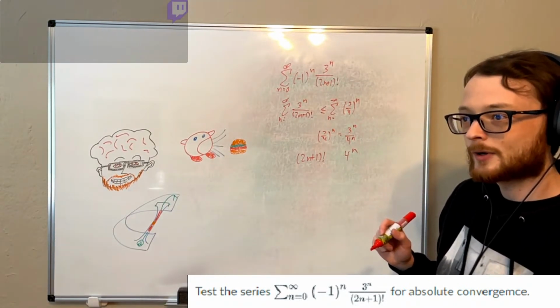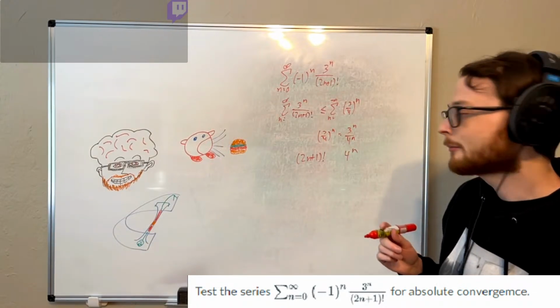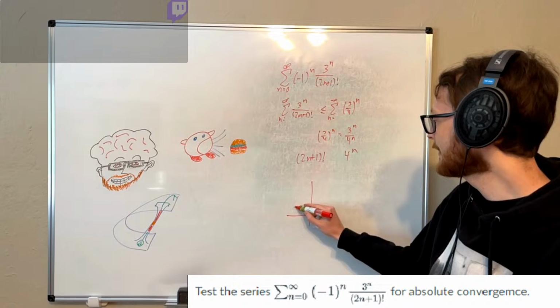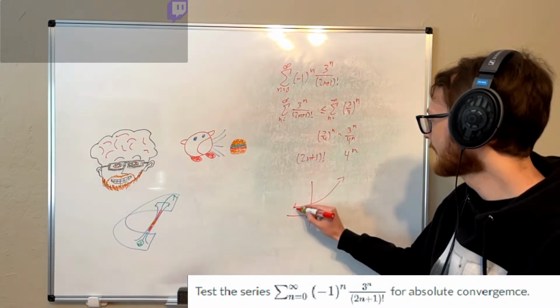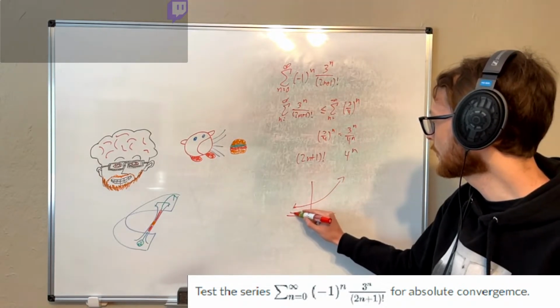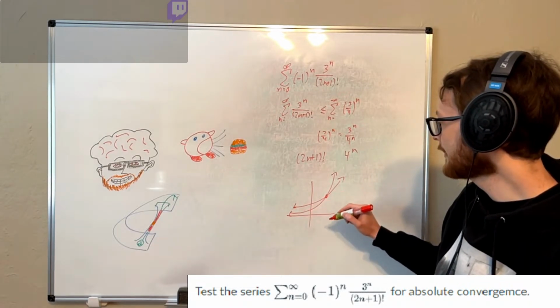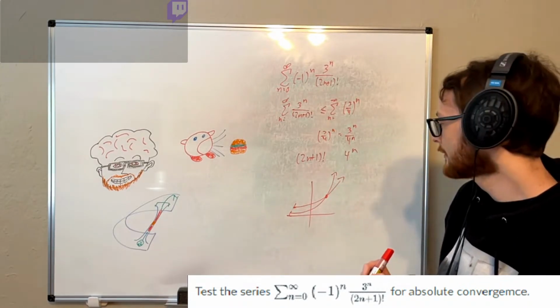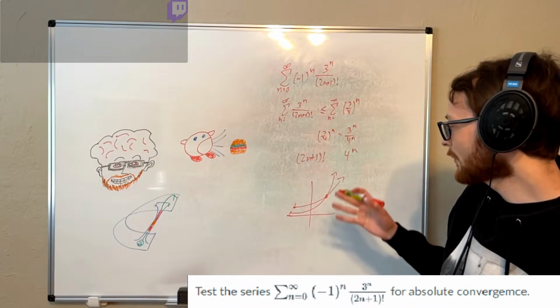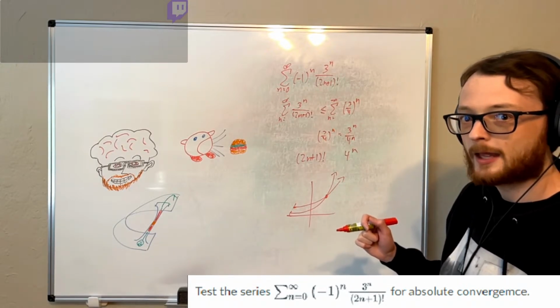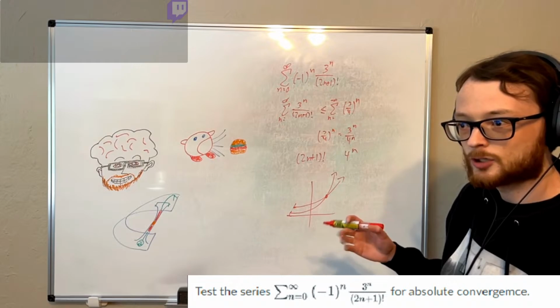The exact value where this happens isn't necessarily important, but I think the point is that 4 to the n looks something like that, and 2n plus 1 factorial looks something like that. So after wherever this crossover point is, 2n plus 1 factorial is greater. For the sake of your normal calculus class, you probably don't need to know the actual point where that happens, or you don't necessarily need to show it.